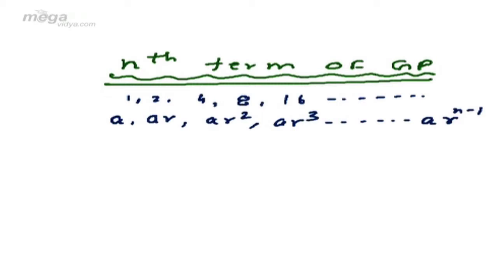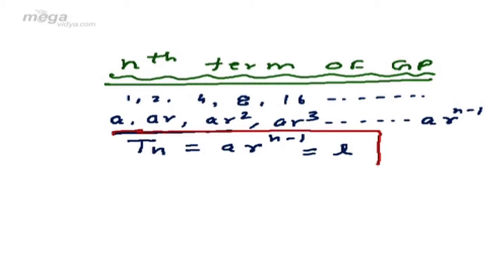So you get the first formula related to GP: the nth term of the GP is Tn equal to AR to the power n minus 1, and this is equal to the last term of the sequence. This is the first formula we will use in GP, the nth term of the GP.